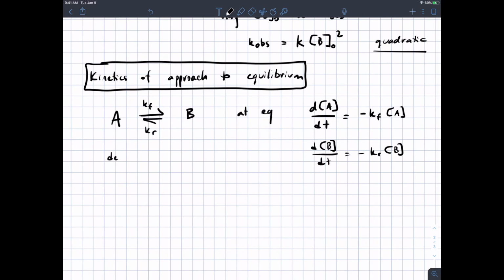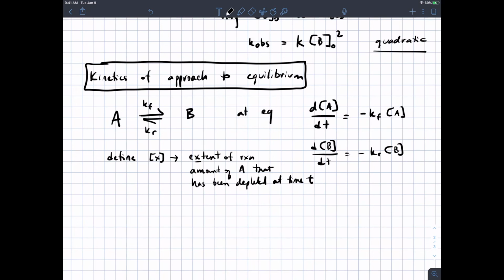So we're going to define a little variable x. This is the extent, get it, of reaction, or alternatively, the amount of A that has been depleted at time t, or the amount of B that has appeared at time t.